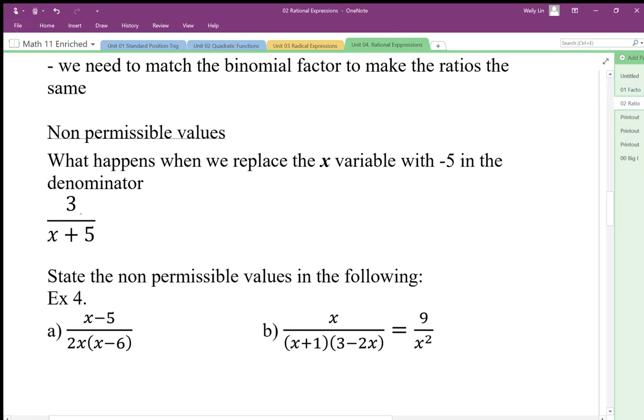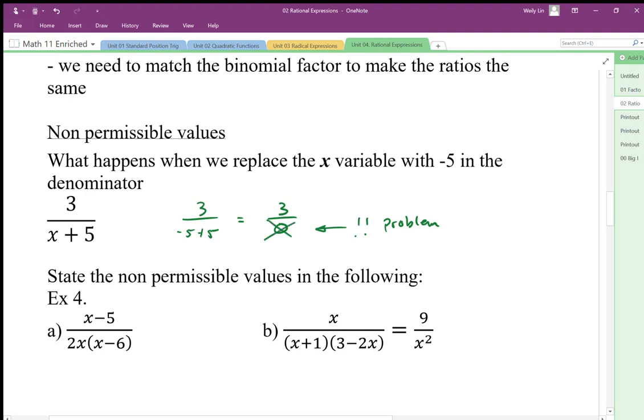So if I replace the x here with a -5, I end up with 3 over -5 plus 5. And that becomes 3 divided by 0. This is a problem. Okay, we can't divide by 0. Okay, so we're just going to try to avoid this.